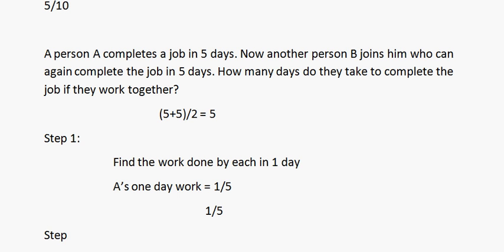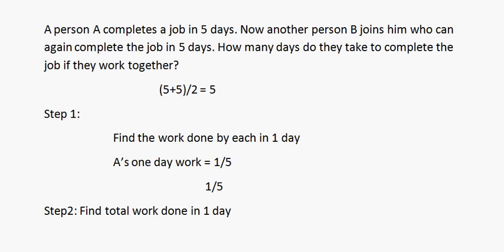Step 2 says find total work done in 1 day. So in 1 day, A does 1/5, B does 1/5, total is 2/5. So 2/5 of the work was done in one day, right? 2/5 of the work, and final step is find the number of days.